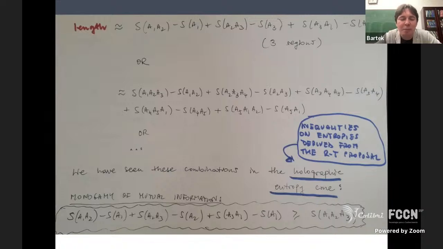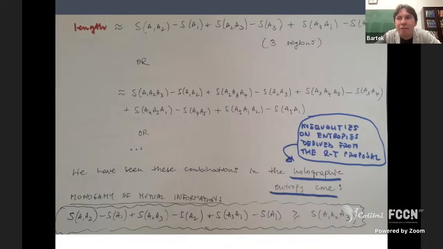I don't know how many people in my audience have followed this program, but in 2015, Sepehr Nezami, Michael Walter, Hirosi Ooguri, Ning Bao, and Bogdan Stoica, and I think that's all the authors, but I might be forgetting someone, proposed the following problem.